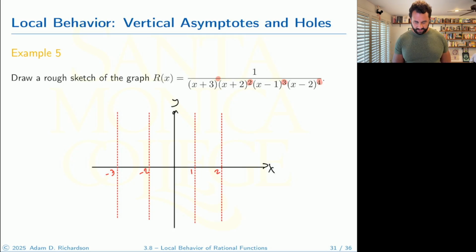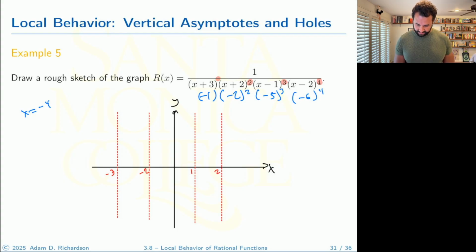Well, let's look at the behavior on the left side of -3. Let's see if we can figure out if the graph is going to go to positive infinity or negative infinity over here. We just need to pick some number that is close and plug it in. Let's just pick x equals -4. Then down here, we're going to get -1, -2 squared, -5 cubed, -6 to the fourth.